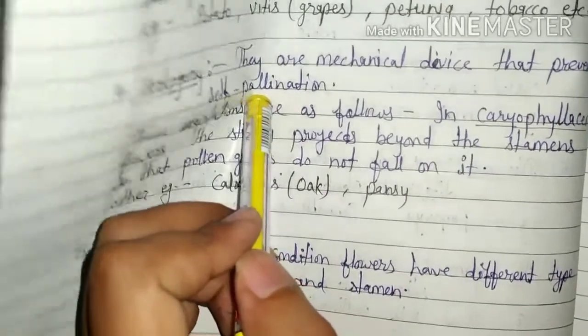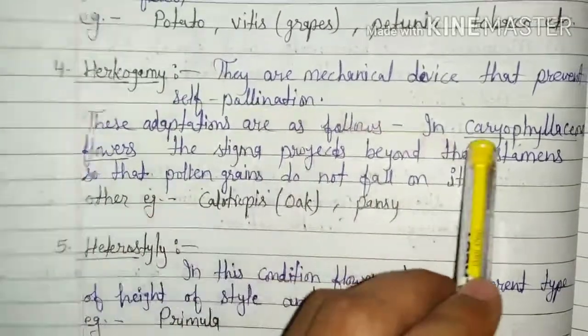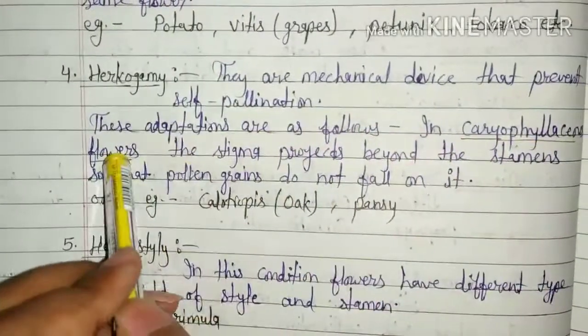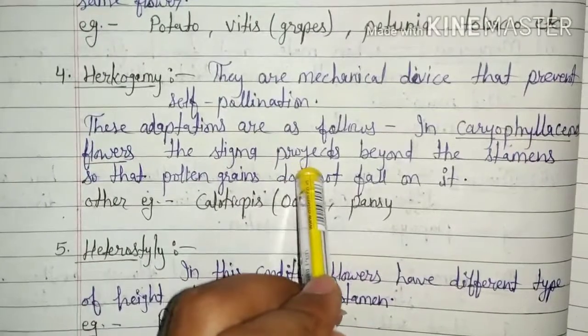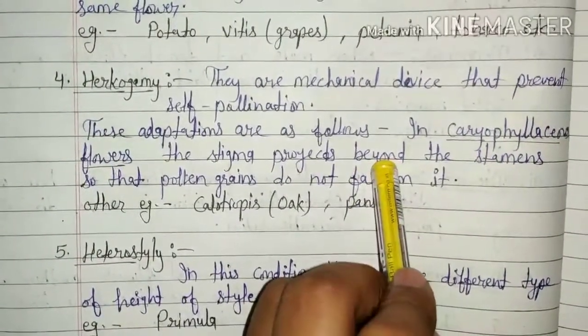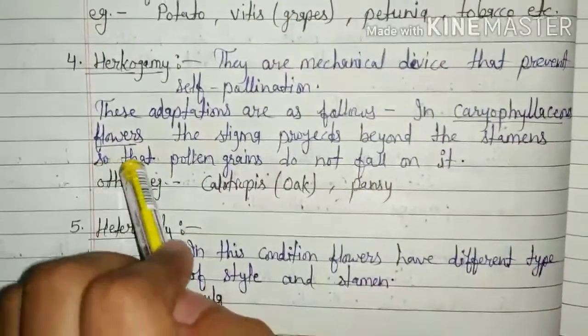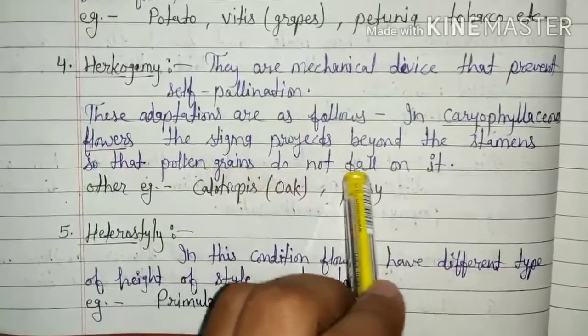These adaptations are as follows. For example, in Caryophyllaceous flowers, the stigma projects beyond the stamens so that pollen grains do not fall on it.